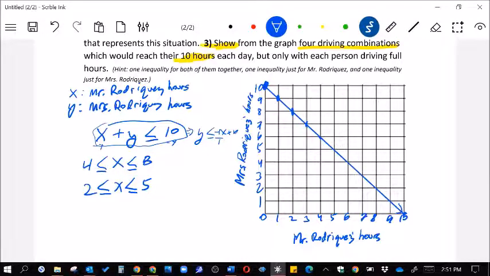If I put arrows, wait a minute, that doesn't make sense. I'm not going to go to negative driving time, and I'm not going to go past 10 driving time, because the problem clearly says it has to be the maximum of 10. So this is the appropriate place to not put arrows. If someone did put arrows, they would be wrong, because it's not appropriate for the situation.